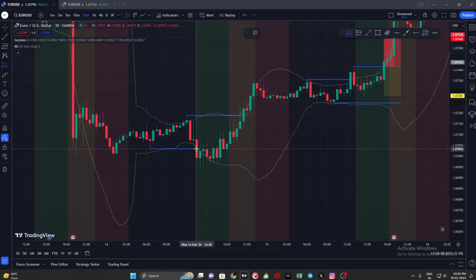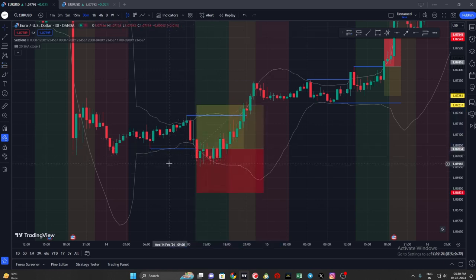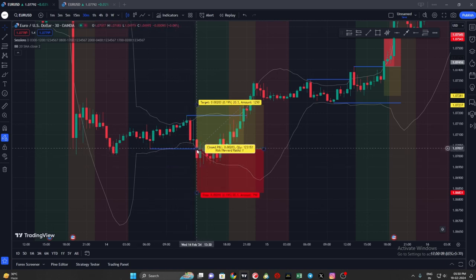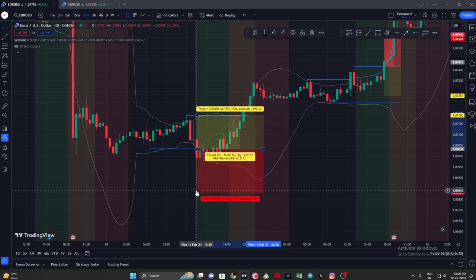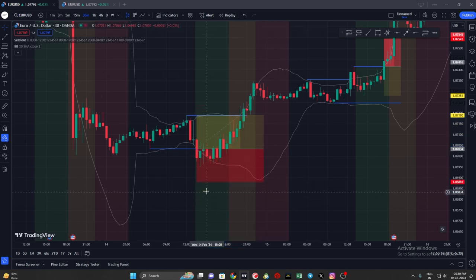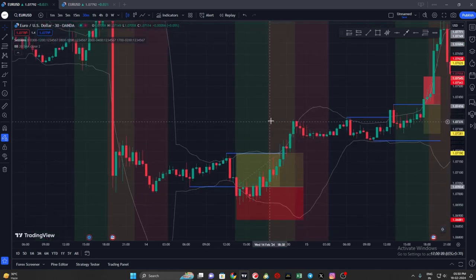Whenever it taps in, we will take our buy. Why? Because market is touching our liquidity point as well as the lower Bollinger Band. Both conditions are met, so we can take the trade. Our TP will be at the swing high and our SL will be here. So here we have another clean trade.